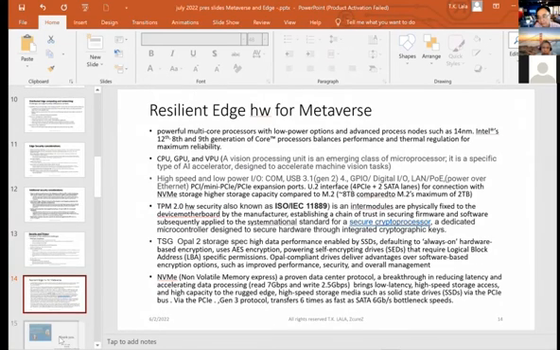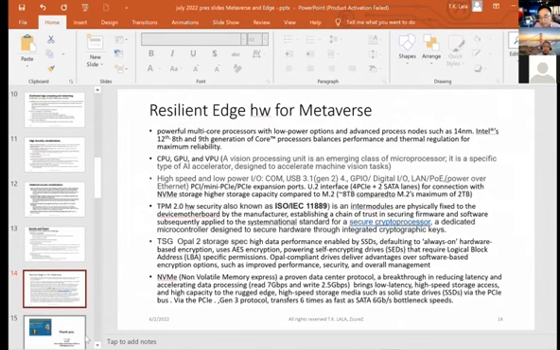Let's see. Some resilient edge hardware is being developed. We have seen multi-core processors with next generations, and right now it's on the 12th generation of Intel processors, as well as CPUs, GPUs, and vision processing units.